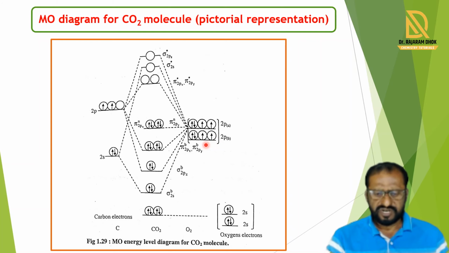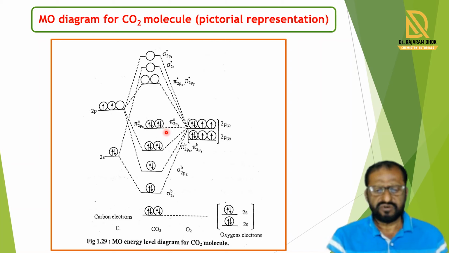So 2 oxygens contain 8 and carbon 4 electrons. So 4 plus 8, 12 electrons fill in these molecular orbitals. Now sigma 2s fills 2 electrons, sigma 2px fills 2 electrons, then pi 2py fills 2 electrons, pi 2pz fills 2 electrons, and the remaining 4 electrons fill in the pi n2py and pi n2pz.